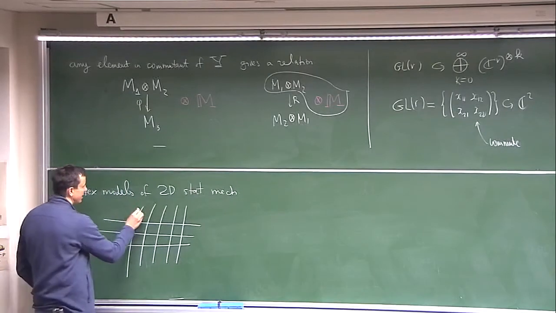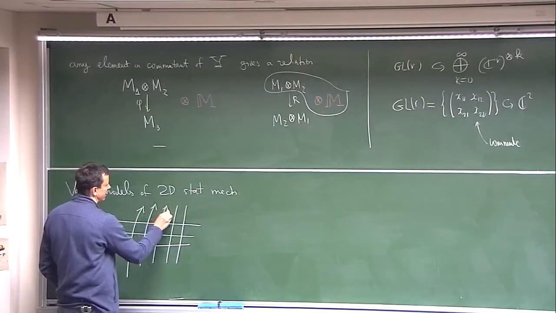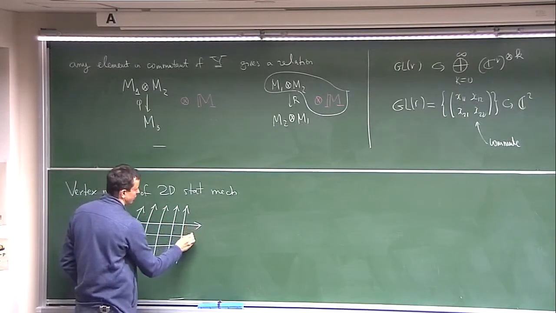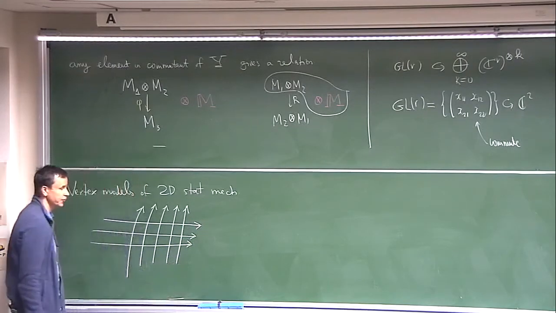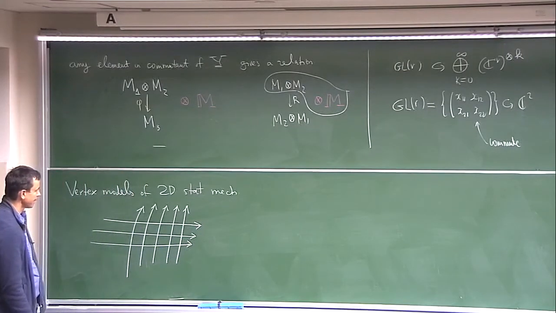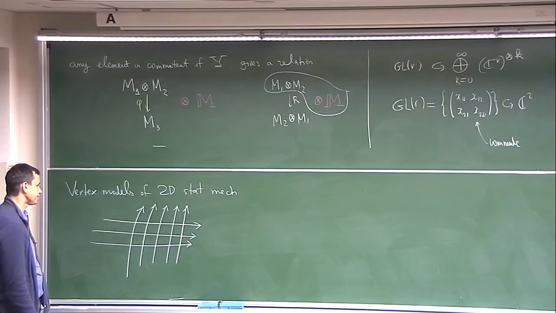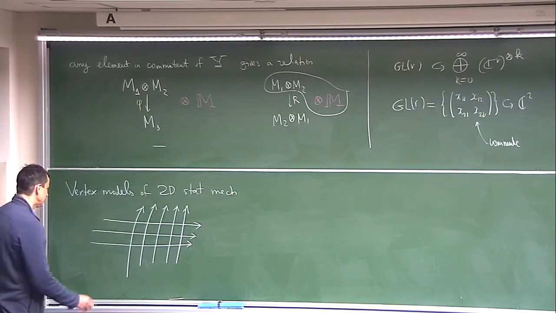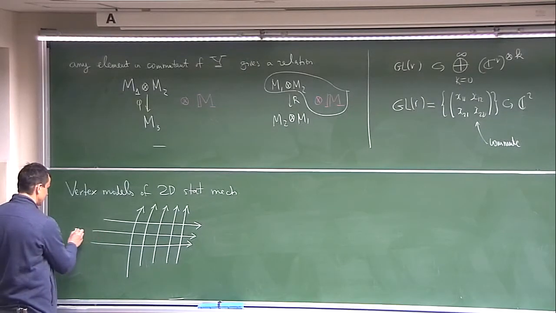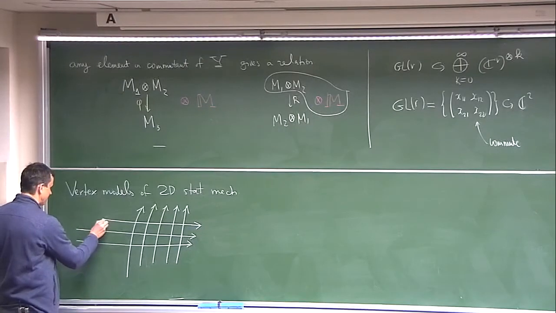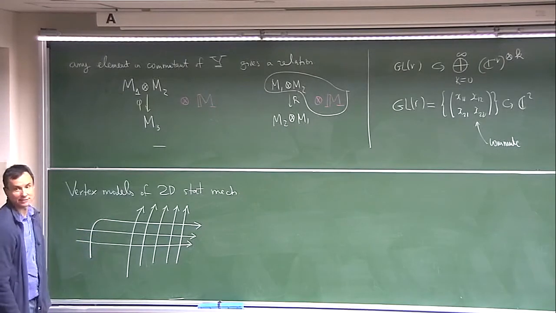The lines in this graph are oriented. This is important. And then maybe some part of this graph is not really regular.